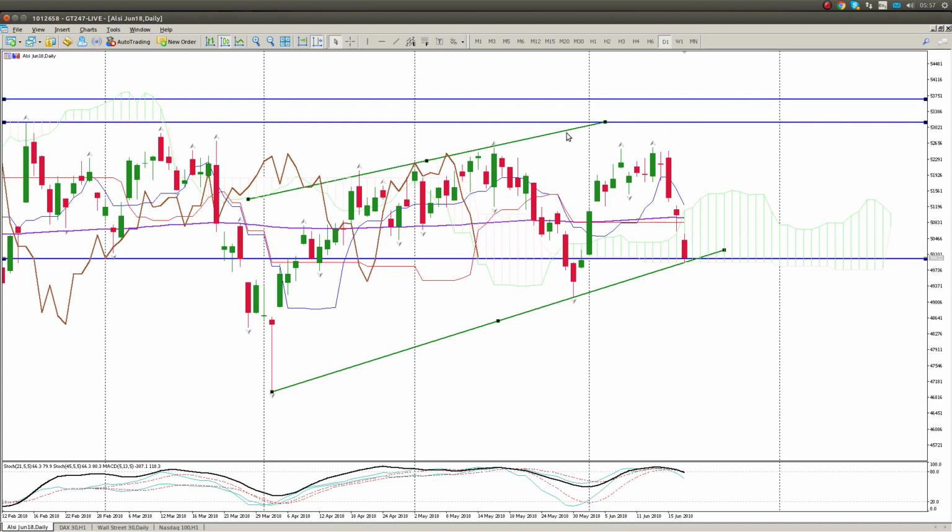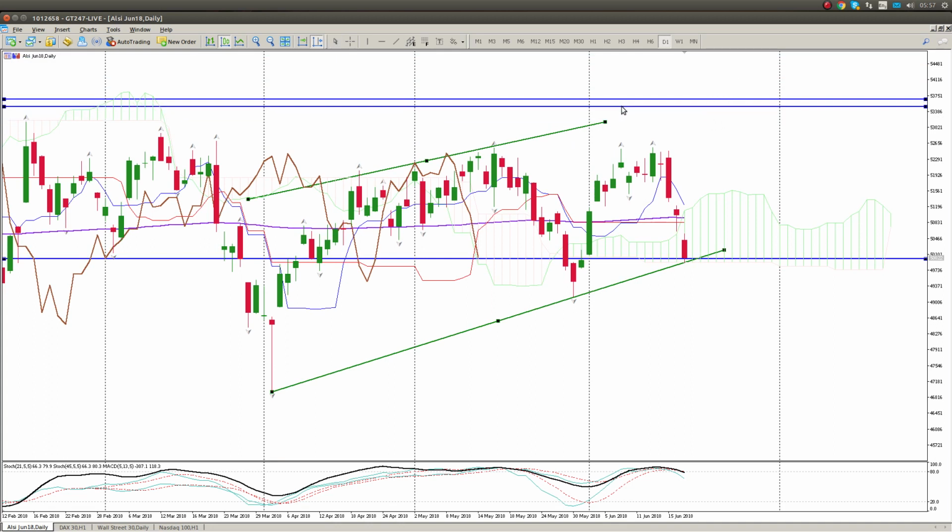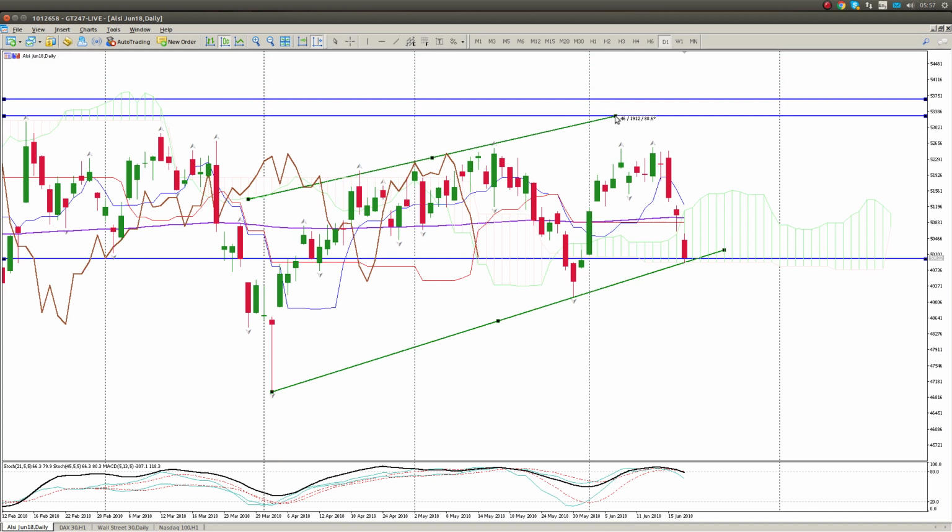If I extend this channel up like that, you'll see that the top of this channel is in line with the target that we've got for the measured move.